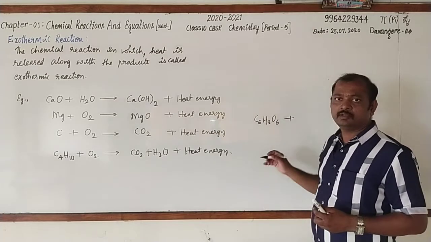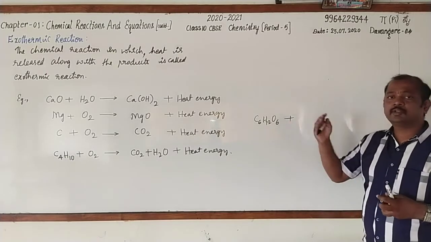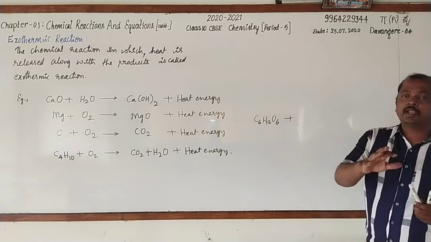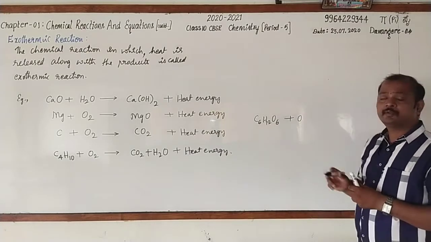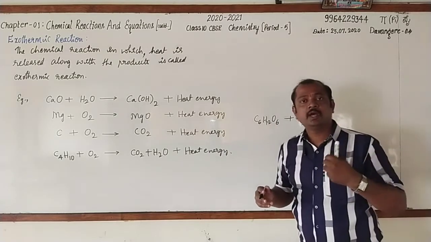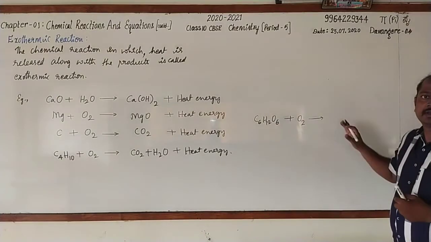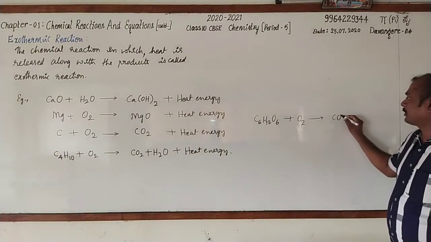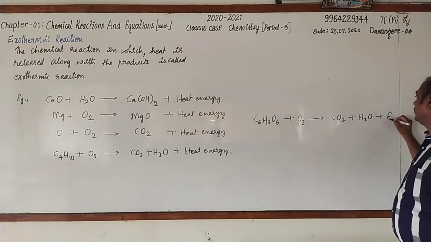How is it obtained? It is obtained from the food. The factors that are present in the food are broken down and converted into glucose. And this glucose will react with the oxygen present in the cells of our body and produces, can you tell the compounds that are produced? Carbon dioxide, water and energy.